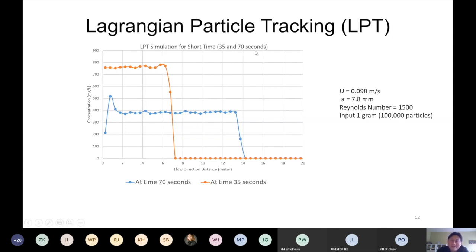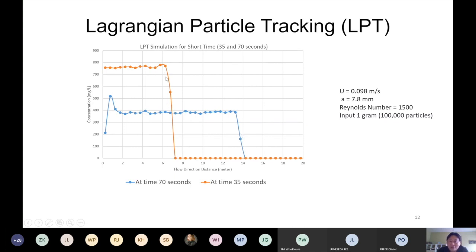And for 70 seconds, it travels 7 meters. But as I mentioned at the beginning, for laminar flow the maximum velocity is 2 times the average. So for 35 seconds with 0.1 meter per second, it actually travels up to 7 meters. And in the other case, it travels up to like 14 meters.